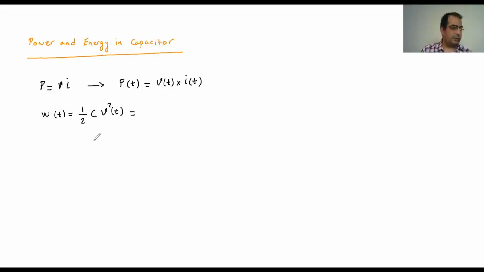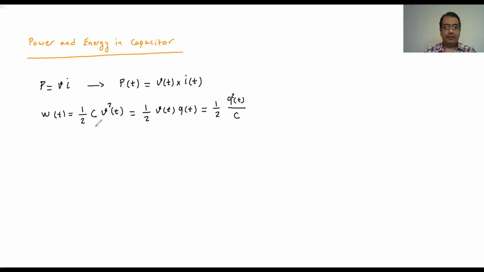And using the equation from before between V, C and the charge Q, we can rewrite this as half of the voltage times the charge in the capacitance, or as half of the charge squared divided by C. So you can obtain the energy with any of these three formulas.